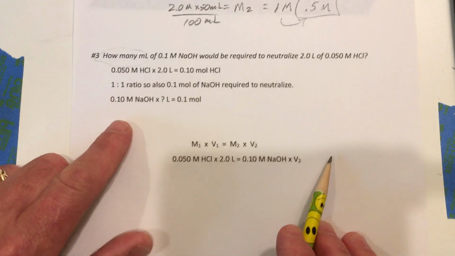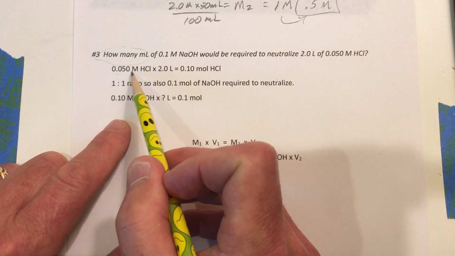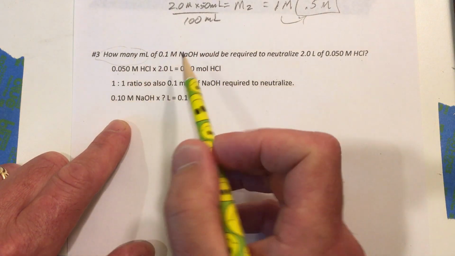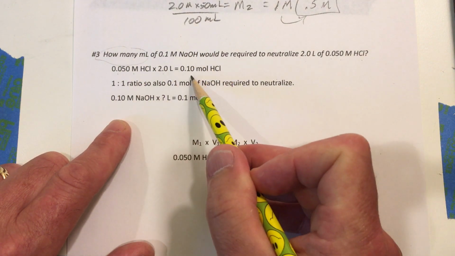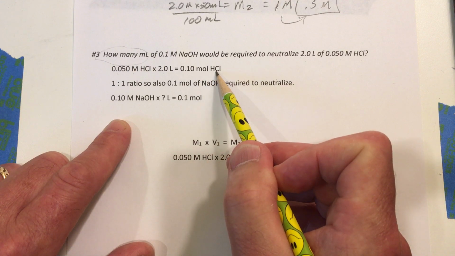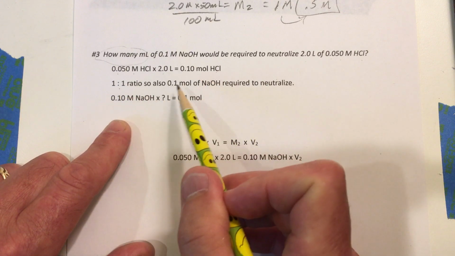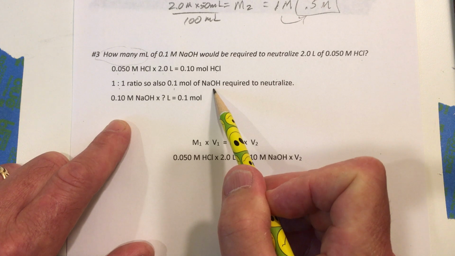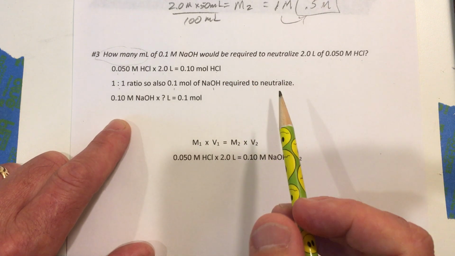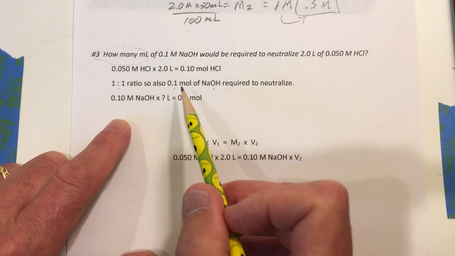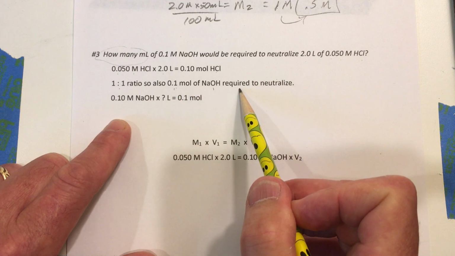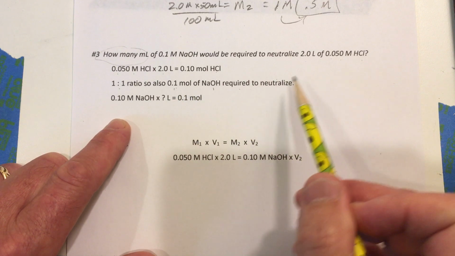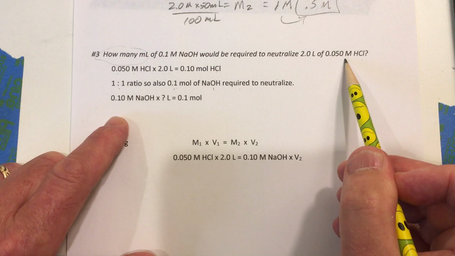Here's how your book would solve it. Your book would do 0.05 molar times 2 liters is 0.1 mole of hydrochloric acid. And since the ratio is 1 to 1, it must be also 0.1 mole of sodium hydroxide required to neutralize that hydrochloric acid.